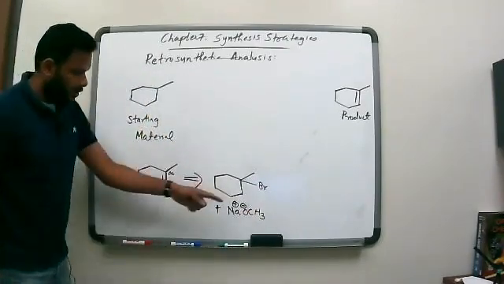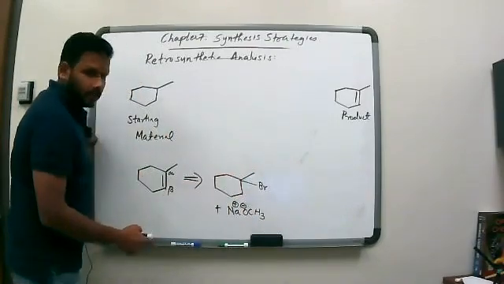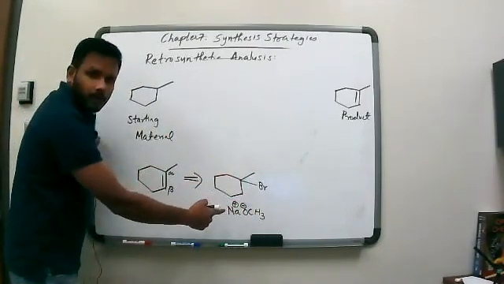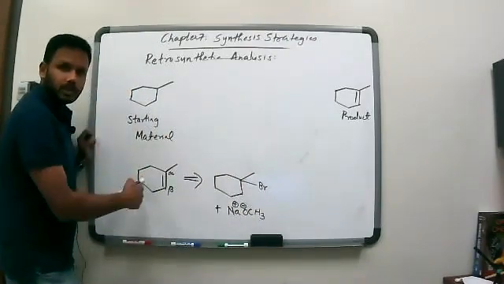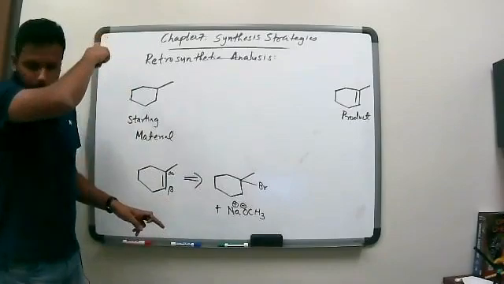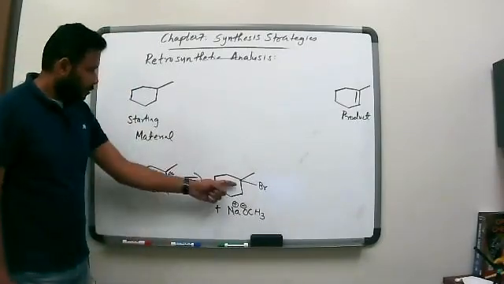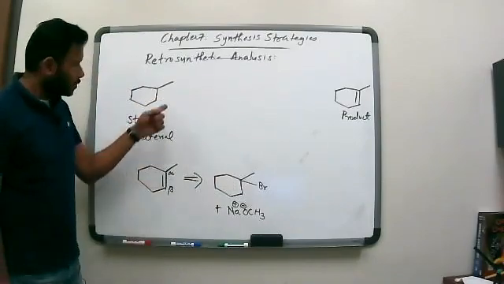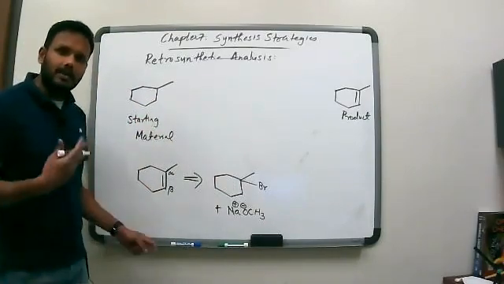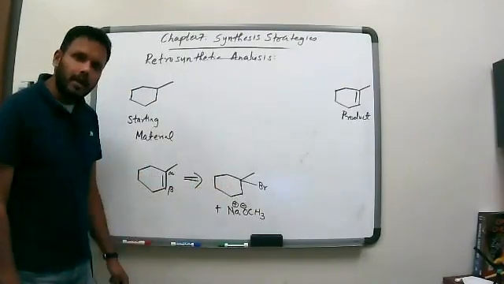Okay, because in this particular case you have beta and beta prime, but when you do it with a regular base, your product should be the more substituted alkene. So this is the product that we're going to get. So this alkene can be made from that alkyl halide. But notice how our starting material is not an alkyl halide, it's an alkane. So you have to think further. How do you make this alkyl halide now?